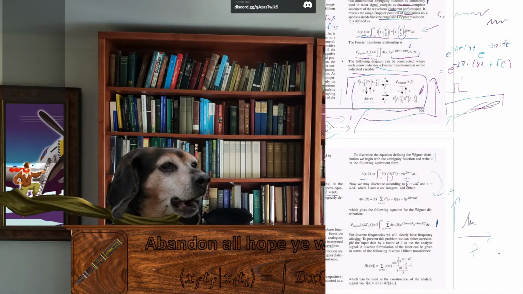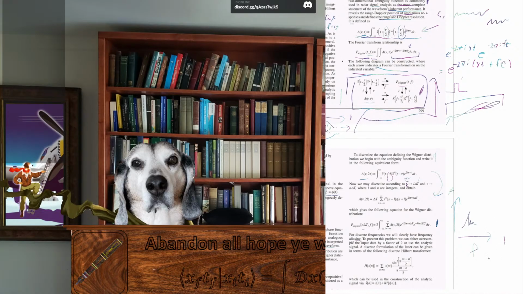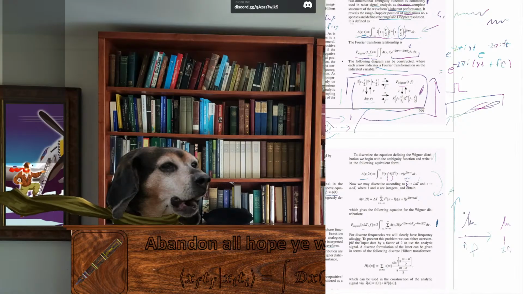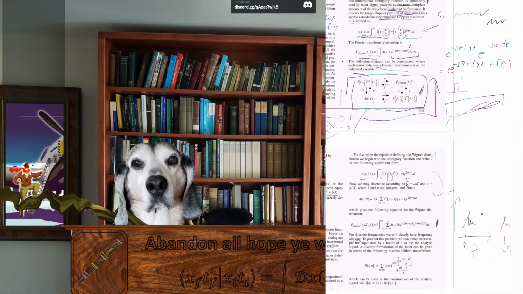If we go further along, so if this is F1, if we go to 2F1, we will see our signal again, right? If our window is incorrect that we're looking at it in, we'll end up seeing these copies, and that's called aliasing. Right, so we're going to see frequency aliasing.